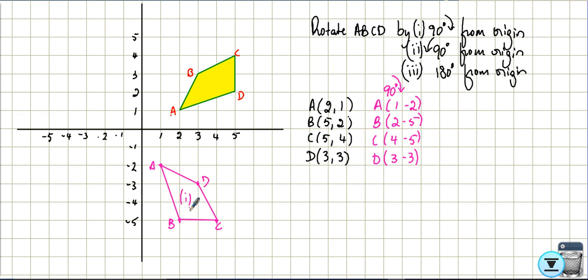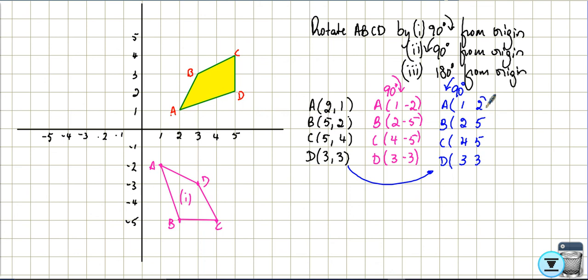For number 2, I need to rotate 90 degrees, this time anti-clockwise from the origin. Again, ABCD. The rule was swap coordinates first. So again, I'm going to swap from 2, 1: it's going to be 1, 2; 2, 5; 4, 5; and 3, 3.